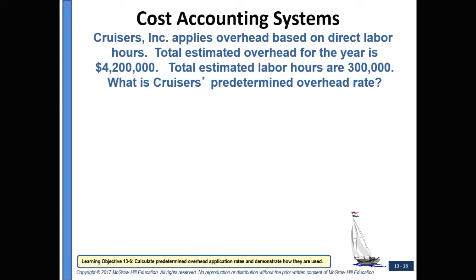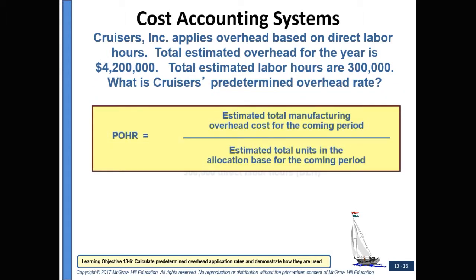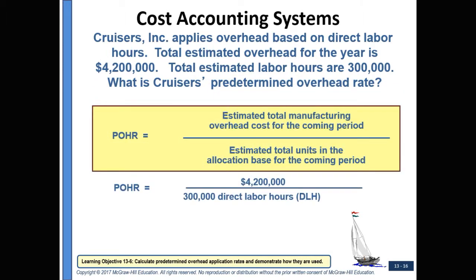We're going to use Cruisers Incorporated, who applies their overhead based on direct labor hours. The total estimated overhead for the year is $4,200,000. They estimate that there will be 300,000 direct labor hours.